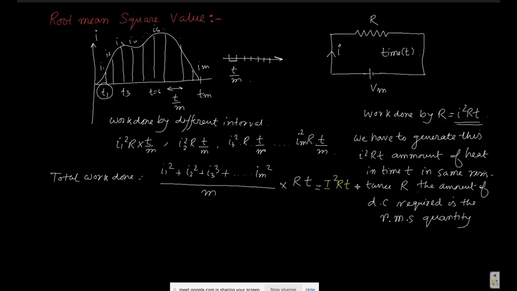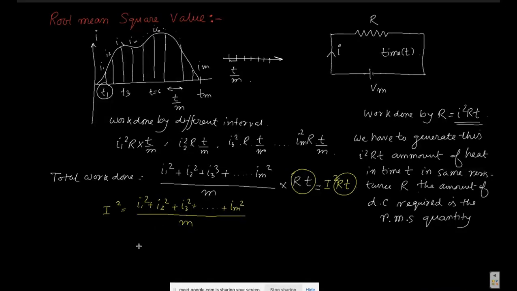Okay, so if you compare this, then I square is what? I square is I1 square plus I2 square plus I3 square plus dot dot dot plus Im square, by m. If you compare these two, RT and RT are the same, so I square becomes this.